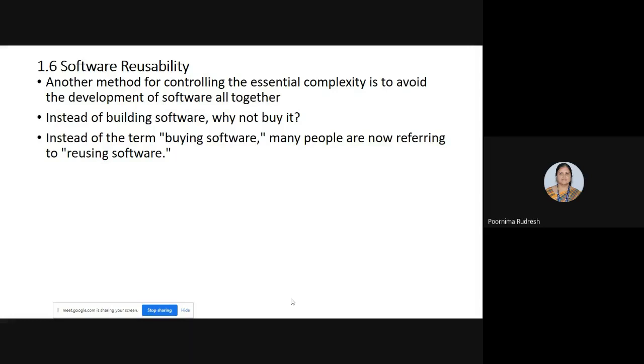Yes, following. Instead of building the software, why not buy it? That is the condition we are discussing, right? So whatever small applications we need, instead of developing those applications, we can buy them from other developers.